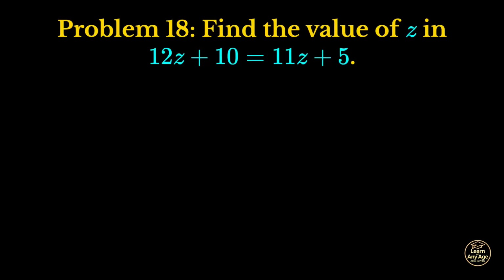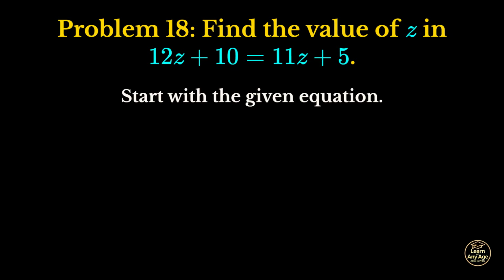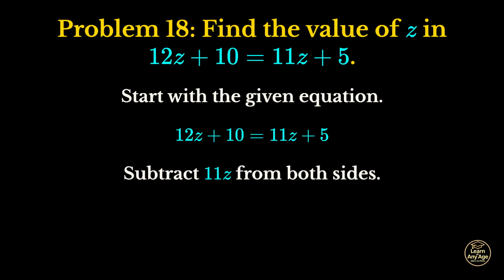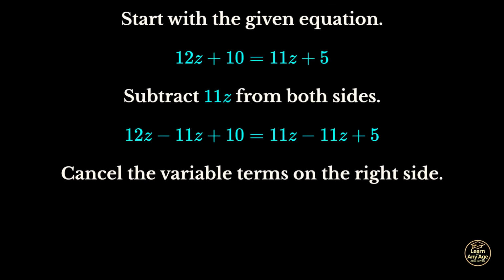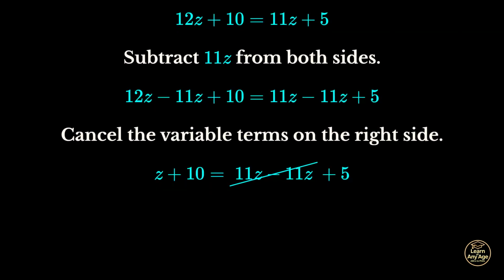Problem 18, find the value of z in 12z plus 10 equals 11z plus 5. Start with the given equation. Subtract 11z from both sides. 12z minus 11z plus 10 equals 11z minus 11z plus 5. Cancel the variable terms on the right side.